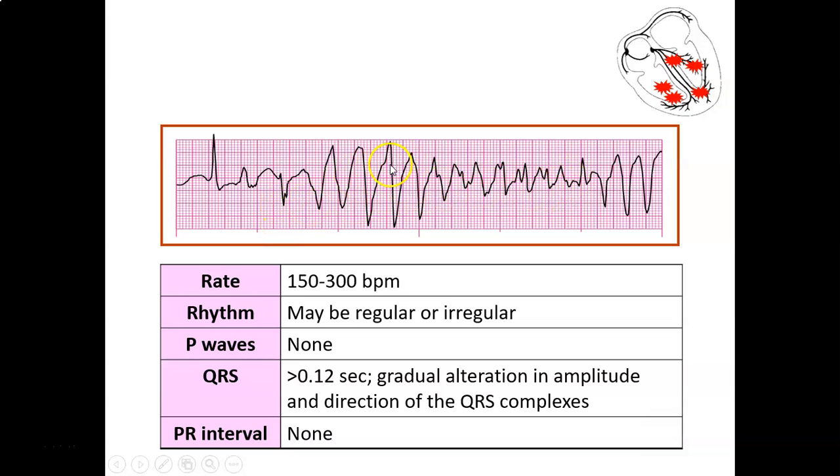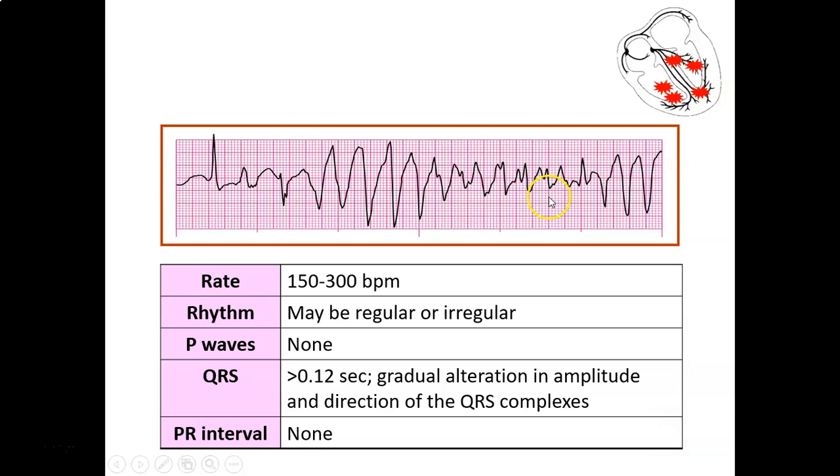So what it means is that some complexes are coming from maybe this area, this is from another source, this is from a third source. So from different sources they are coming, and PR interval is obviously not seen. So these are wide complexes. It's a tachycardia, a wide complex tachycardia.